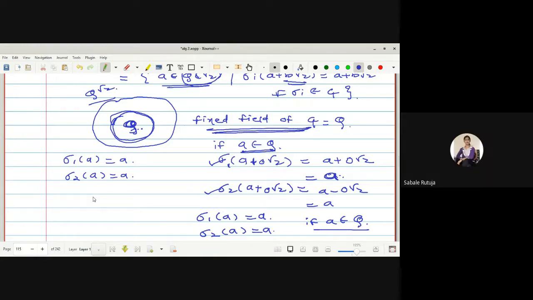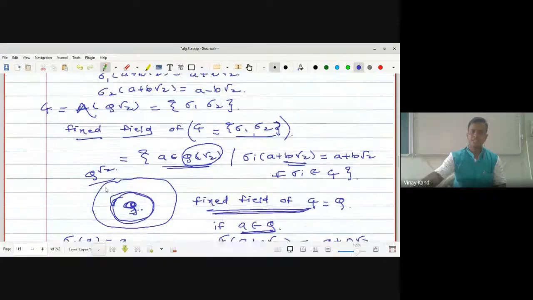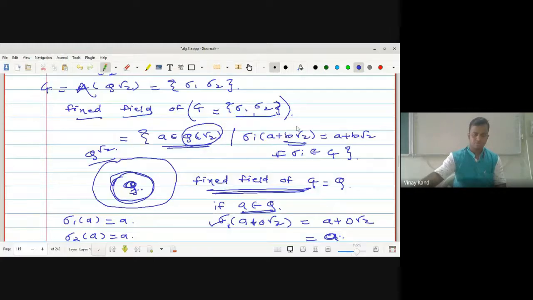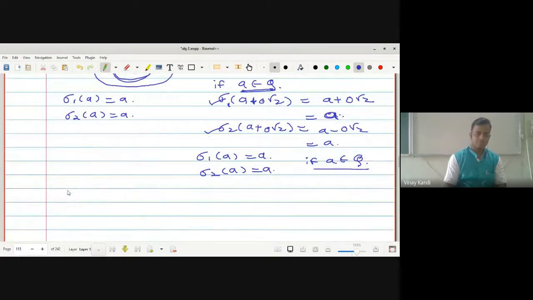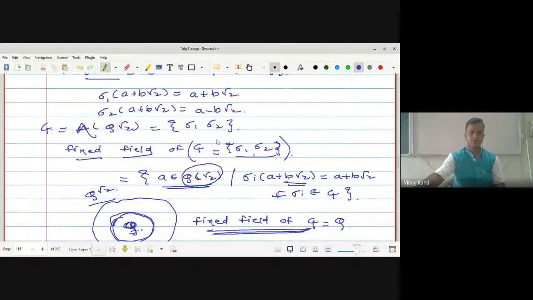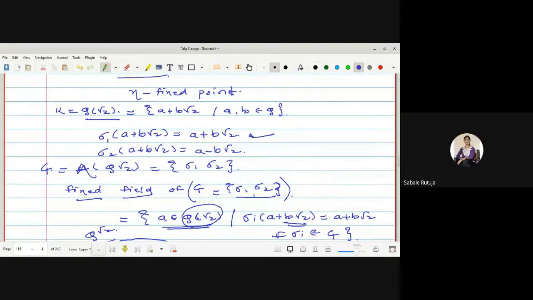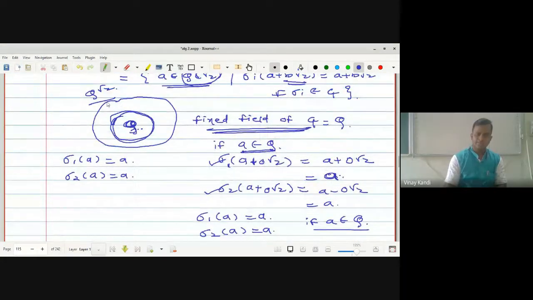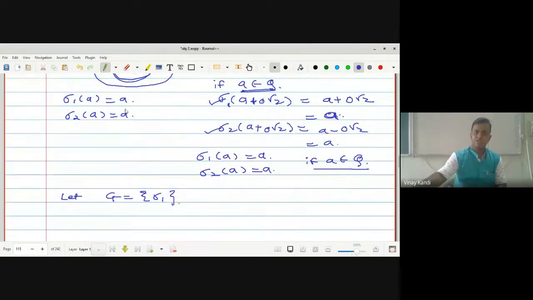Yes, understood, sir. Why? Now change: now in this, sigma 1 and sigma 2. Okay, now take G equal to only sigma 1, which is the identity mapping. Okay, sigma 1 is the identity mapping, right? Then what elements from this field Q root 2 are such that sigma 1 of A is equal to A?